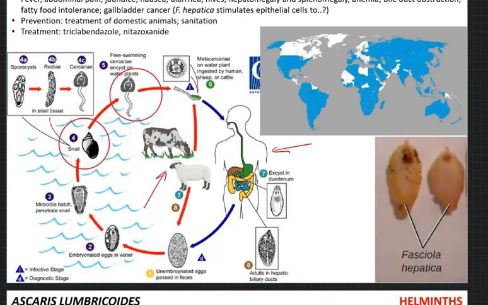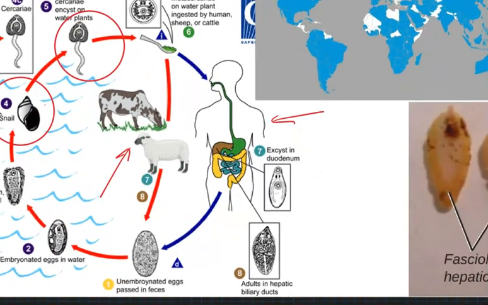And in humans, this larvae, bless you, when they end up in the intestine, they take a hike and crawl into bile ducts. And then depending on which bile duct they decide to go into, they may end up in the liver or in the gallbladder.